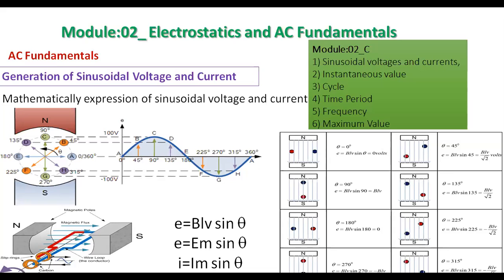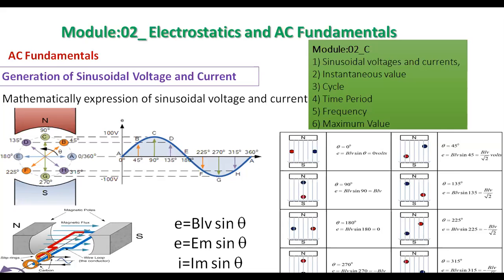That means EMF is directly proportional to the magnetic flux density, the length of the conductor which is rotating in this magnetic field, and the velocity of the conductor. As all these three things are constant, at that time your EMF induced is maximum, and therefore it is denoted by Em.